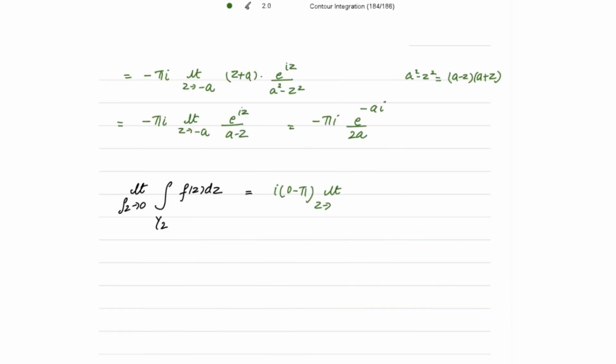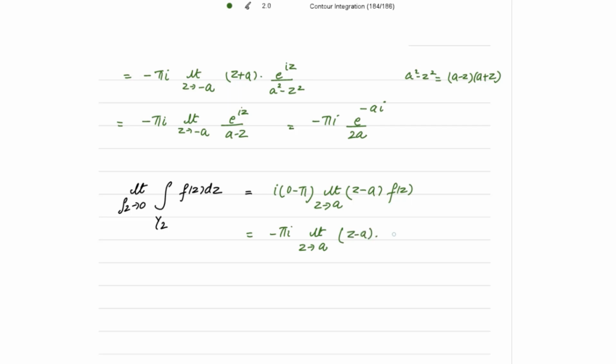So writing z tends to a and z minus a, because it is z minus z naught, here z naught is a, f of z.